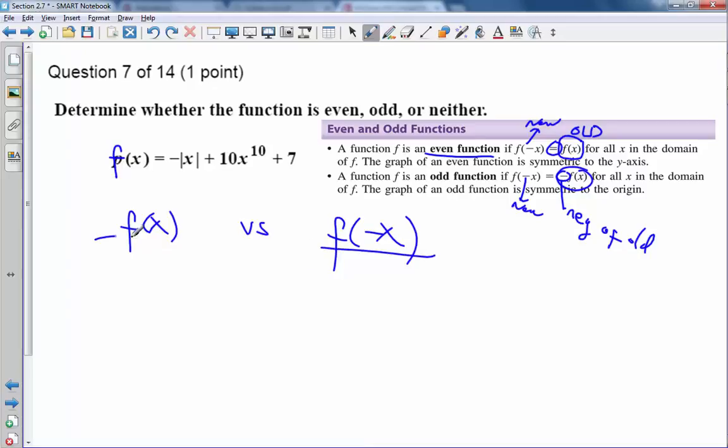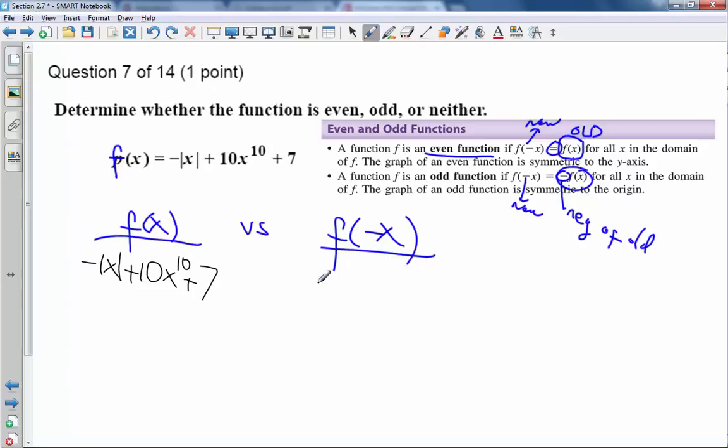So again, what is f of x? It's given right here. This is minus absolute x, 10 x to the 10th plus 7. This is given. No math required here. F of x is this thing. How about f of minus x? What happens if I replace x's by minus x?